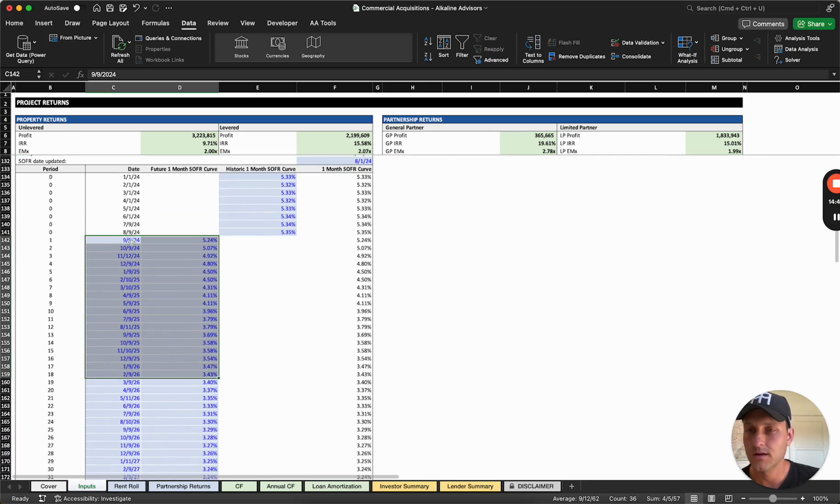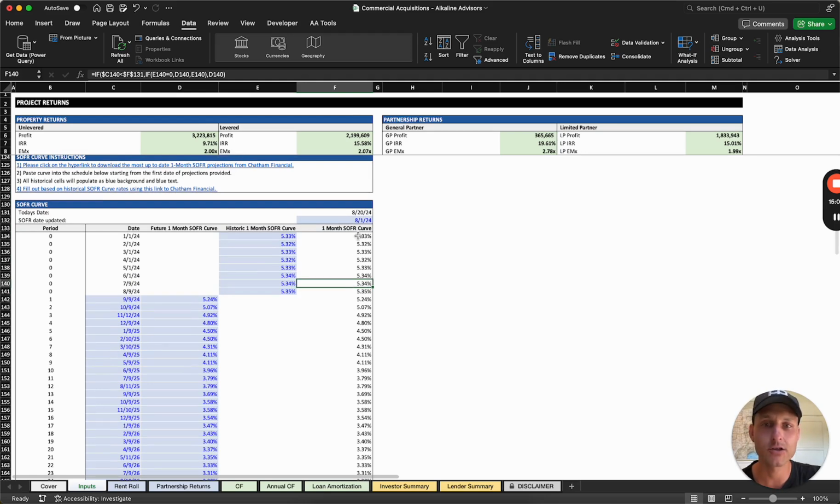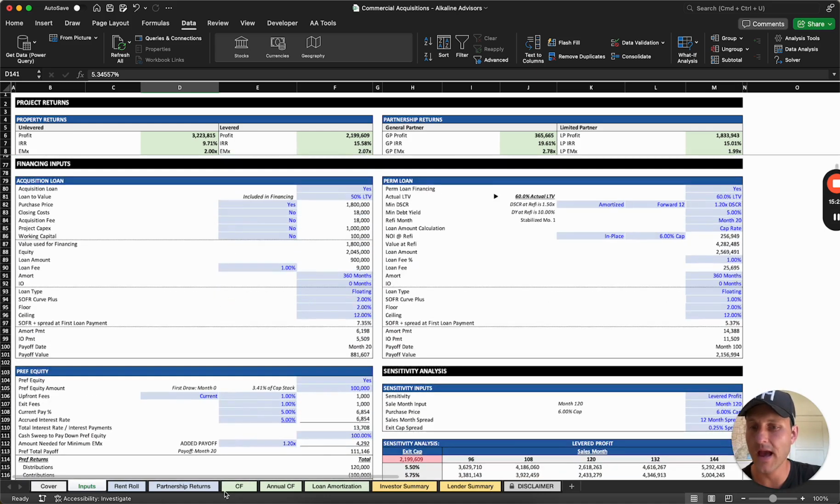You paste in the future 1 month SOFR curve down below, and then as your project moves forward and you're no longer using forecasted SOFR information, you have historicals, you can update accordingly. And then the effective SOFR rate will pull based on if we're capturing the historical or the future. And I'll show you where that happens on the cash flow tab.